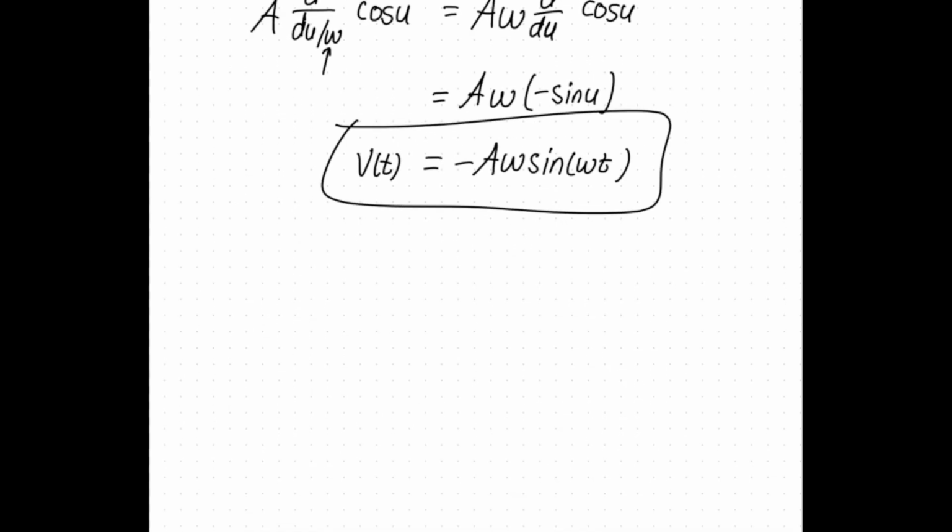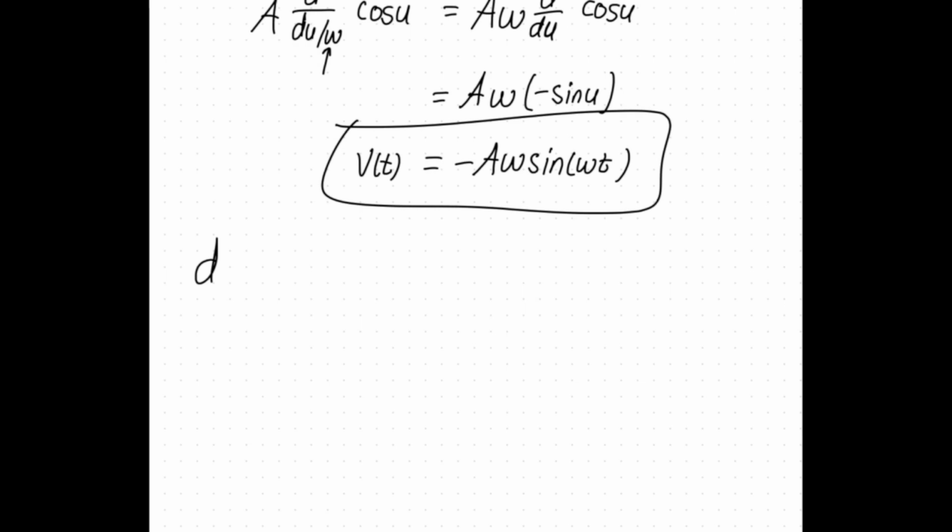Furthermore, I can figure out my acceleration equation by just taking the derivative of my velocity function with respect to time. So that would be d dt of negative a omega sine of omega t.